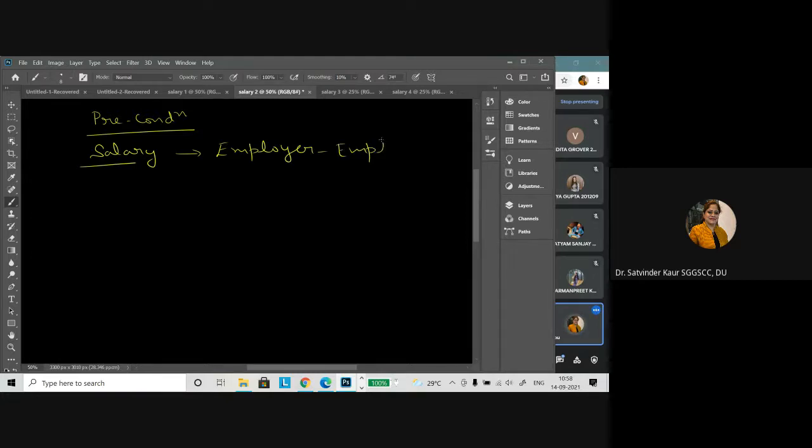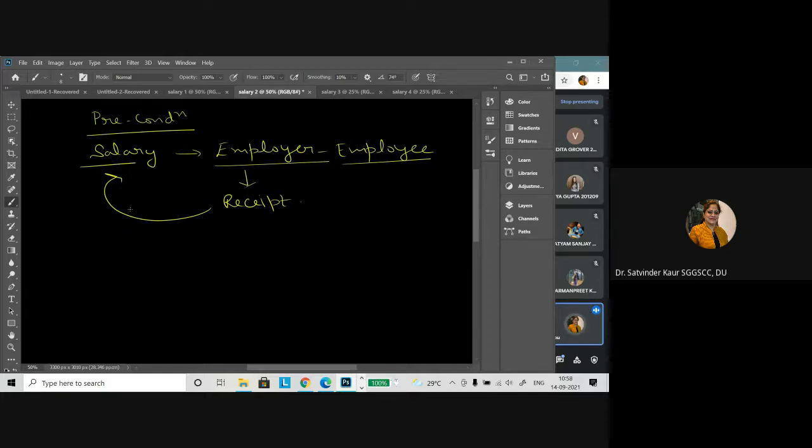It means that whenever a person receives any amount from his employer by virtue of such a relationship, such receipt, unless it is exempt, is going to be taxable under the head salary. So this is the pre-requirement, or the condition we have to understand.